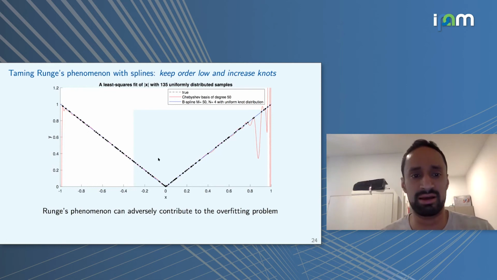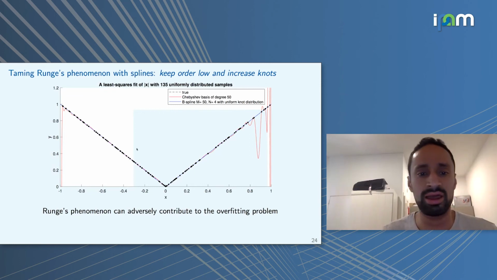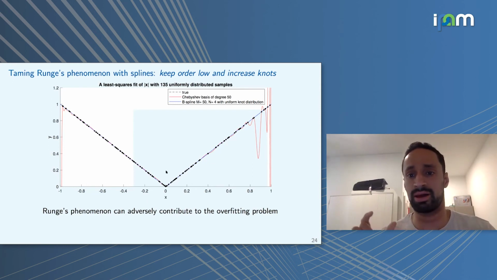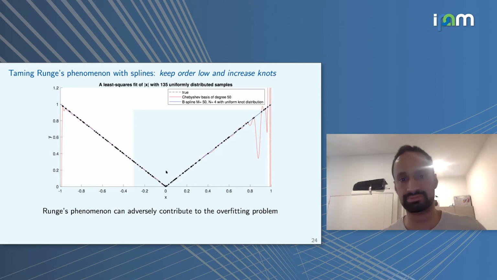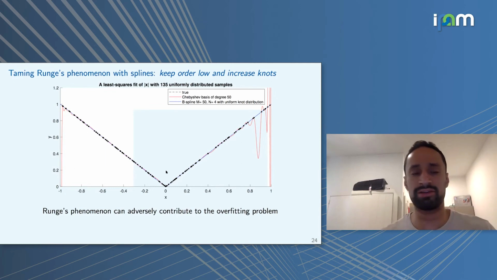And you see that for the Chebyshev basis, you see these crazy oscillations in the corner, but you don't have that for the B-spline because we're keeping the order low and increasing the number of knots. And I would like to point out that, from a machine learning context, you want to approximate a function from samples, and this function has some underlying smoothness in it, right?